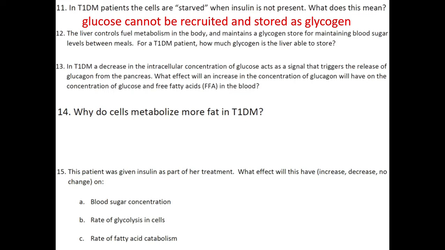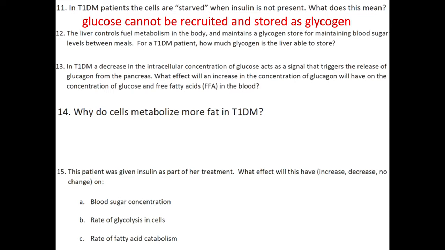Question number 12. The liver controls fuel metabolism in the body and maintains a glycogen store for maintaining blood sugar levels between meals, which is super important. We want to keep the blood glucose level constant. For type 1 diabetes patients, how much glycogen is the liver able to store?